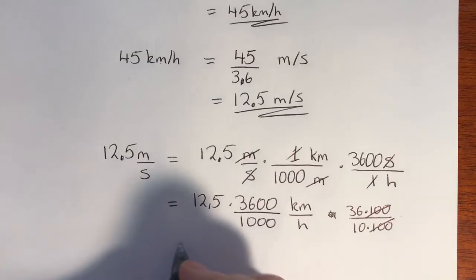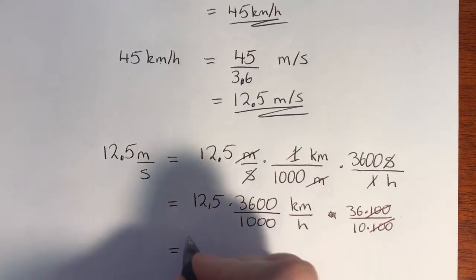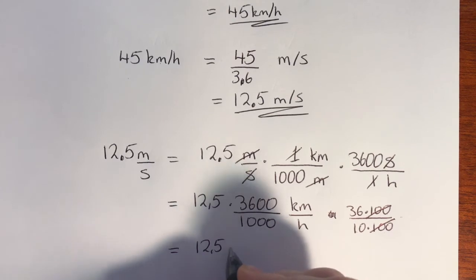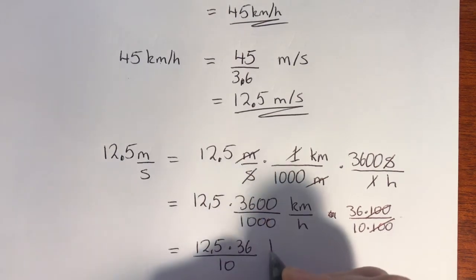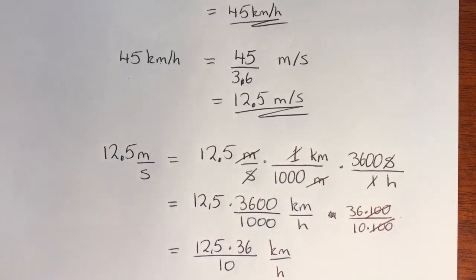So what I get left here is 12.5 times 36 all divided by 10 kilometres per hour.